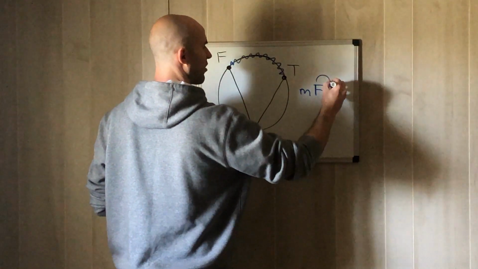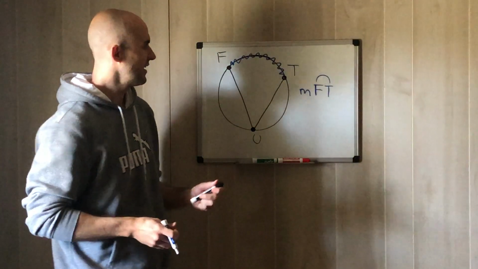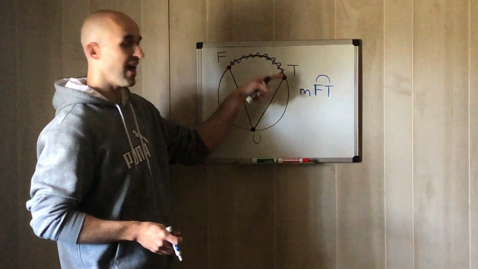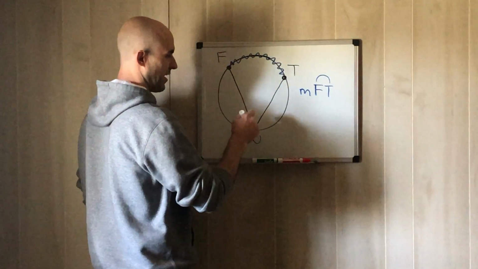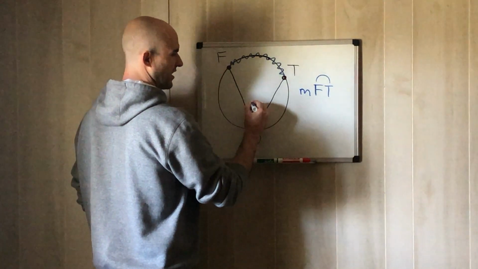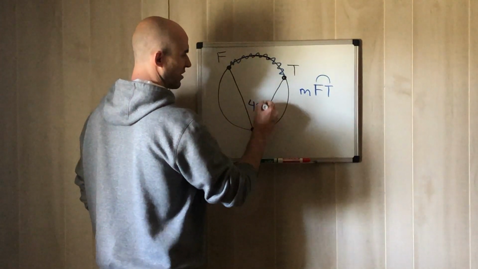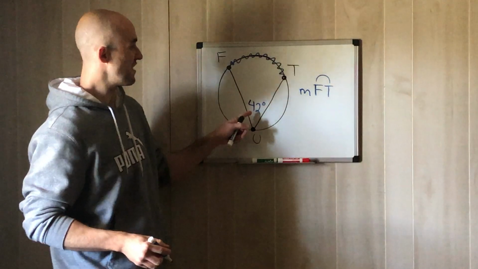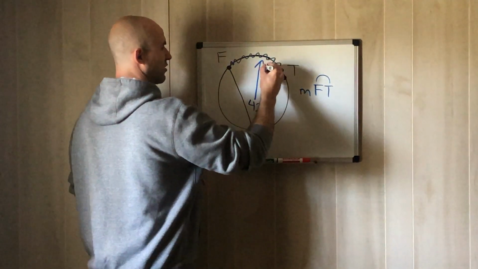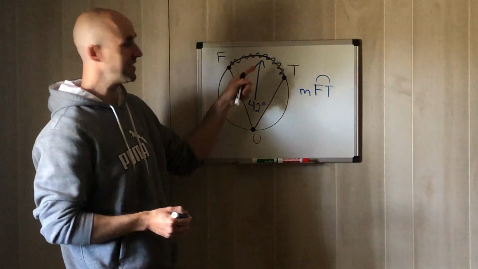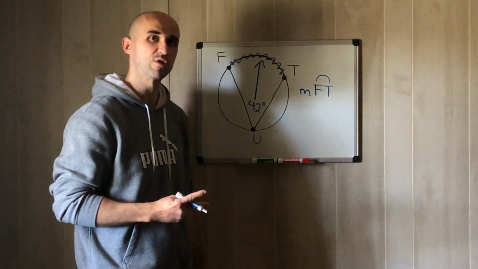And since it's an arc, we put an arc symbol. In order to find that arc, we need to know the measure of the angle that corresponds. So let's say this angle here was 42 degrees. Don't forget, the arc that corresponds to it, the arc that's opposite it, is always going to be 2 times bigger.